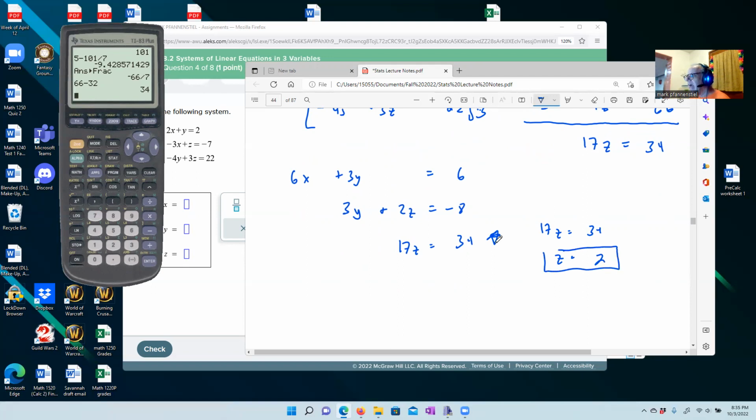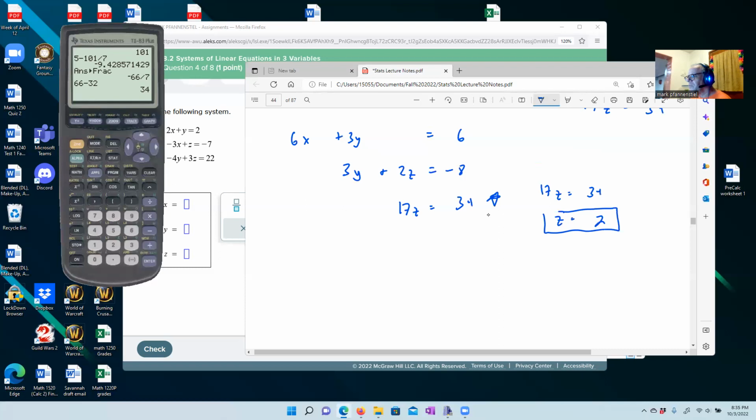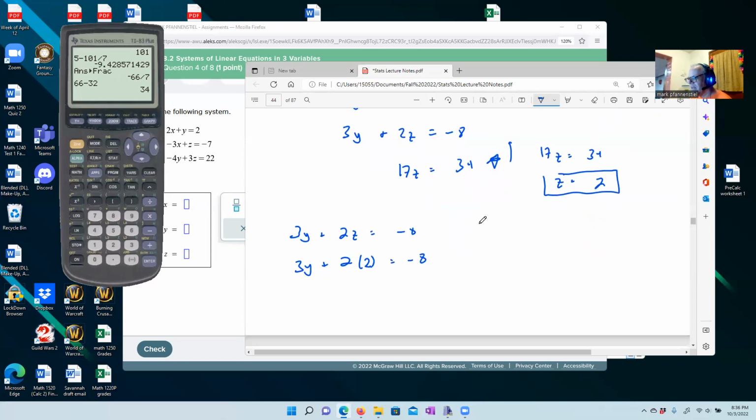Now that z is equal to 2, we roll up to the previous equation: 3y plus 2z equals negative 8. So 3y plus 2 times 2 is 4, equals negative 8.